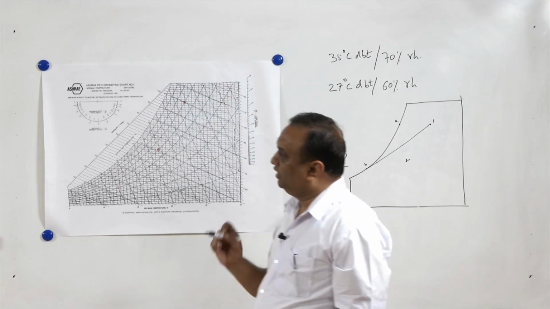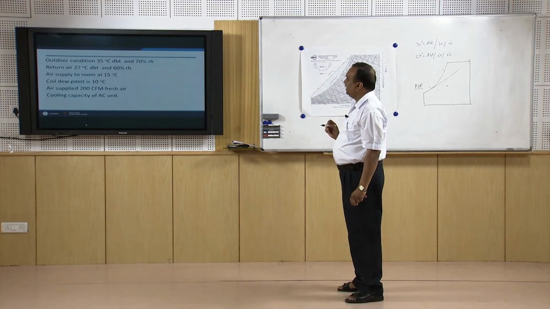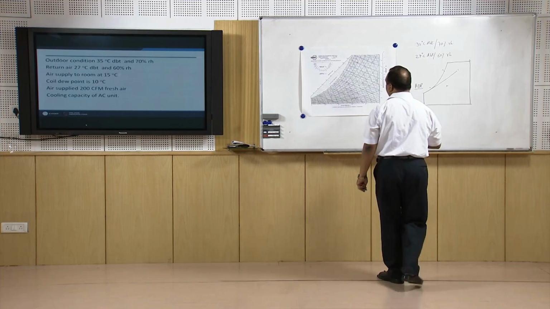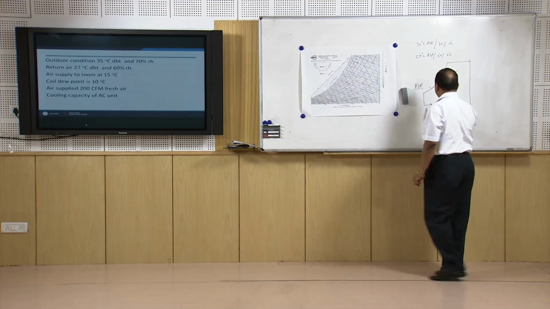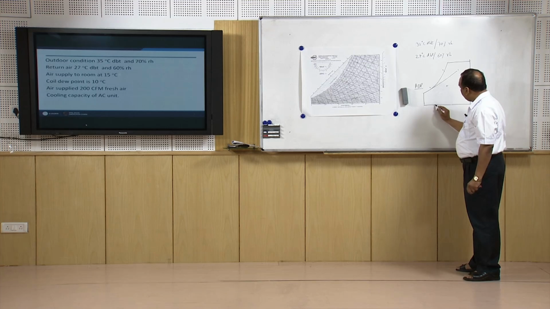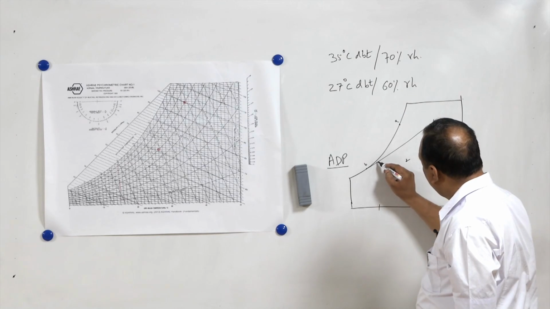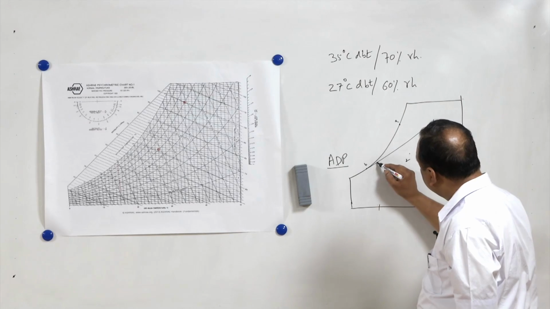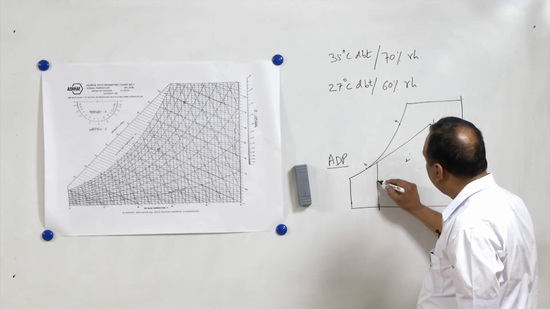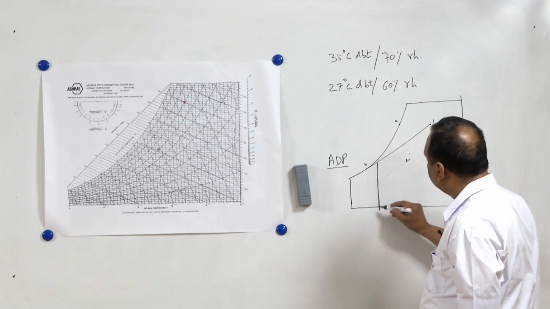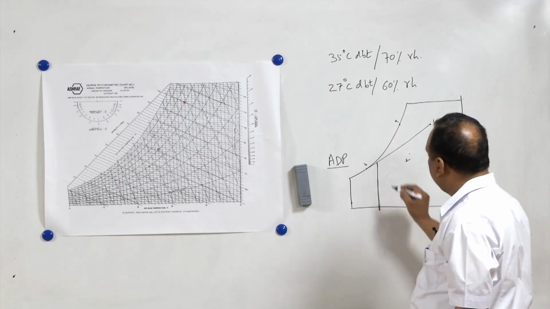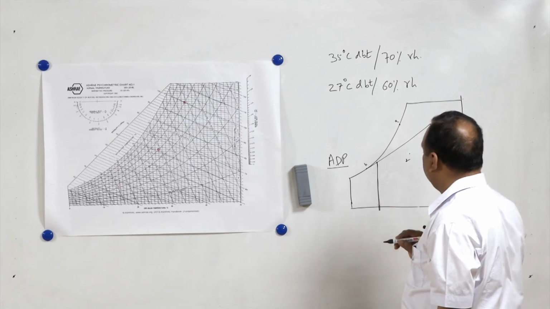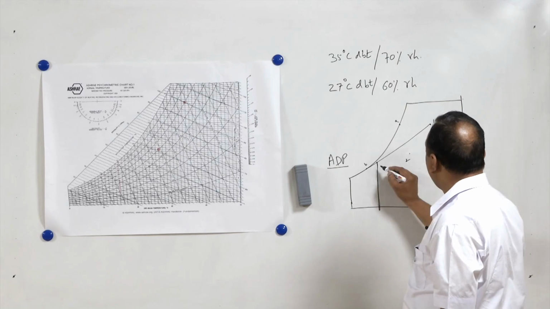Anyway, air supply to the room is 15 degrees centigrade. So we will draw a vertical line from 15 degrees centigrade, and wherever it cuts, it is the air supply to the room. Now, this is point 3.